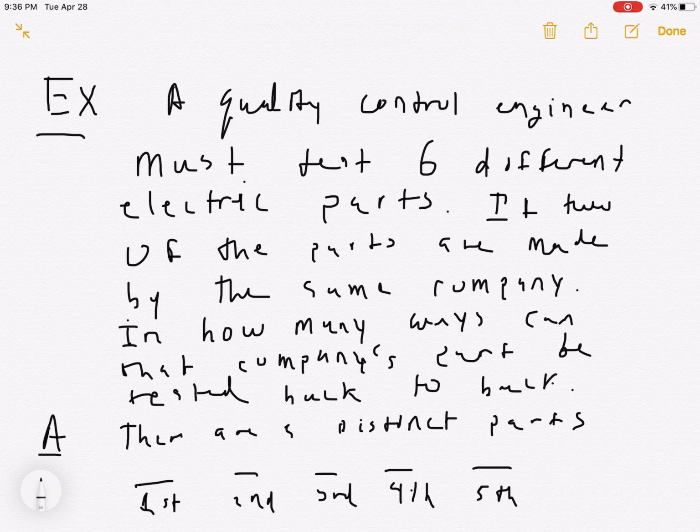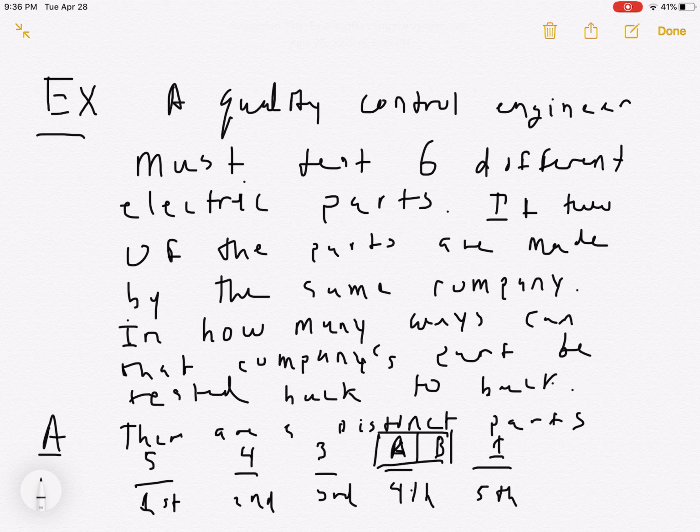For the first, there's going to be 5 different companies that we can select. Then there's going to be 4, then 3, then 2, and then 1. Now, somewhere in here, there's going to be the company in which there are 2 parts that they need to test back to back. Let's suppose that's here. So there's going to be part A and part B.